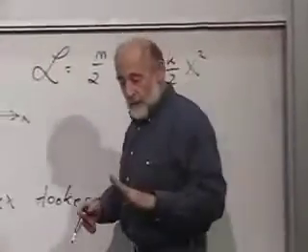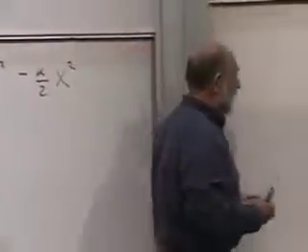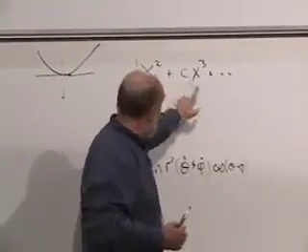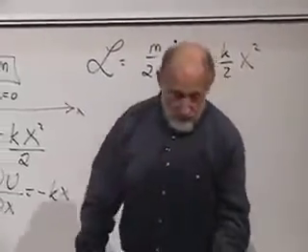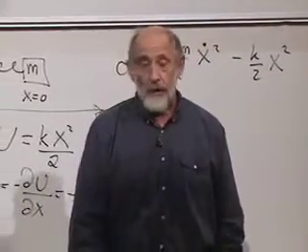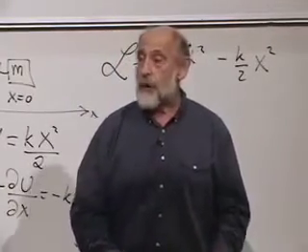So it becomes a question of estimating the relative importance of x cubed relative to x squared. And that depends on the size of these coefficients. But for almost all systems, for sufficiently small oscillations, in other words, sufficiently small energy, the x squared is usually a good approximation.